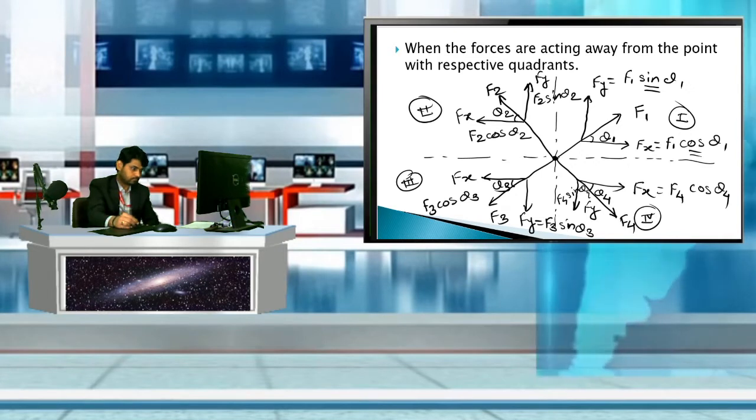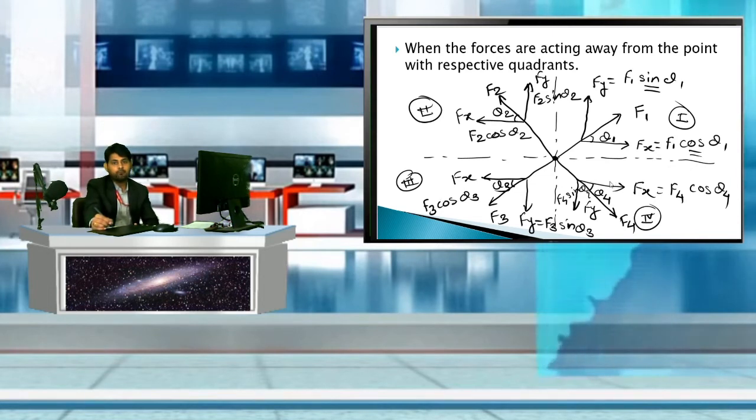Now see how we can resolve the horizontal forces and the vertical forces. So you can see here we have to resolve all the forces F1, F2, F3 and F4 horizontally and vertically. When we are resolving the forces horizontally, we take the summation of Fx, means the summation of all the forces which act on a horizontal line.